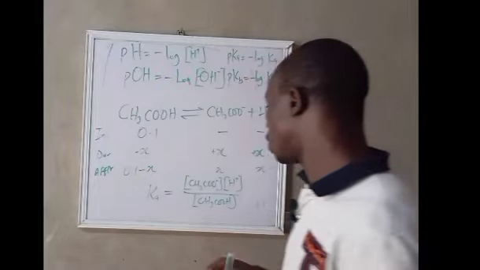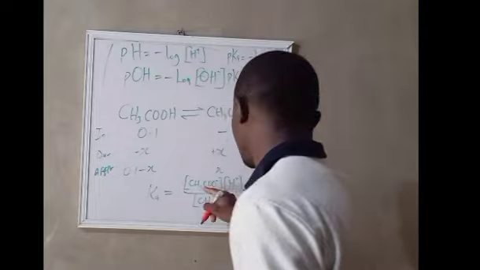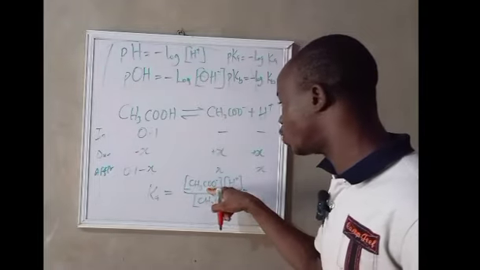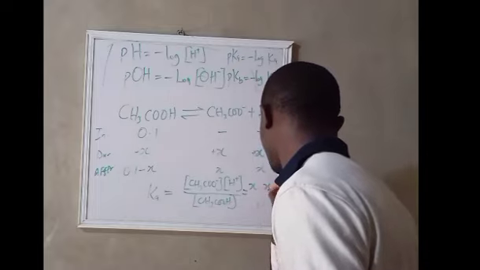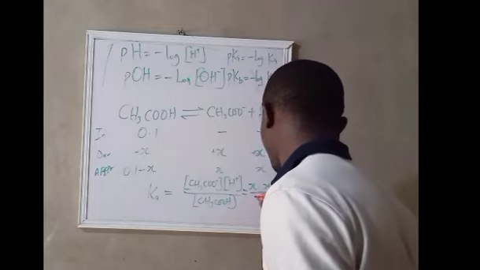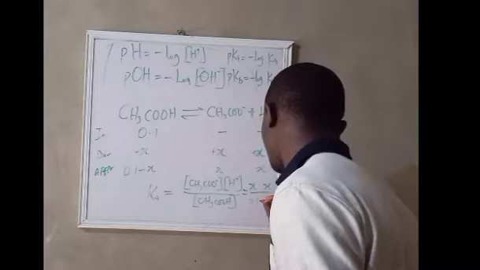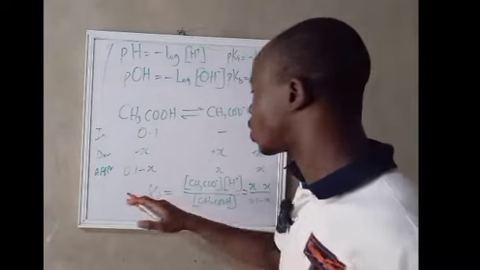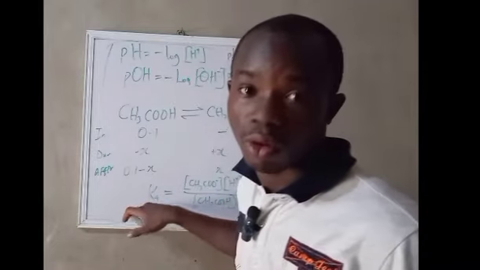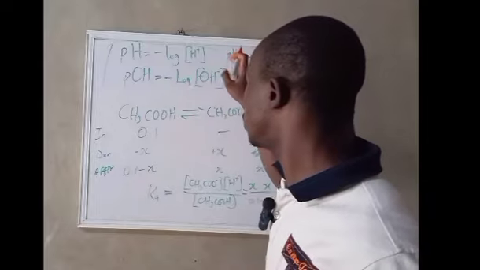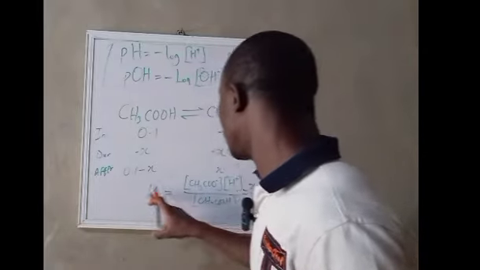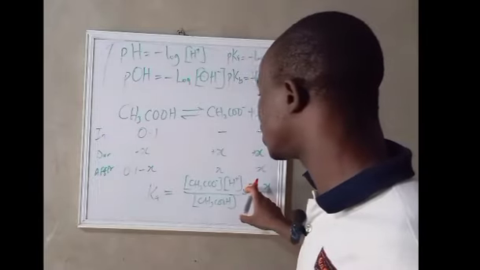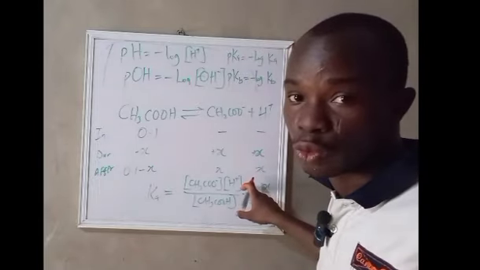So using this, you can now say that the amount of H plus after reaction is X, we also have X over 0.1 minus X. Now if they are giving you the Ka, or even if they are giving you the pKa, from the pKa you can get the Ka. So you can use the Ka and this expression to get this unknown.